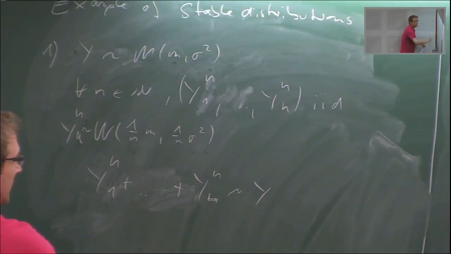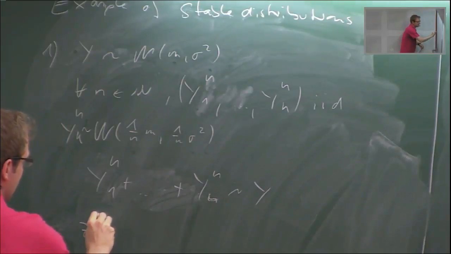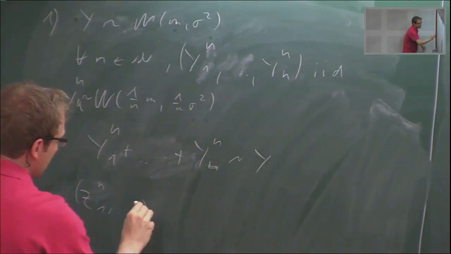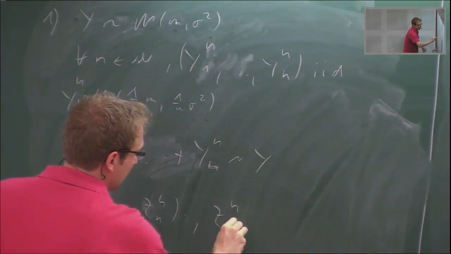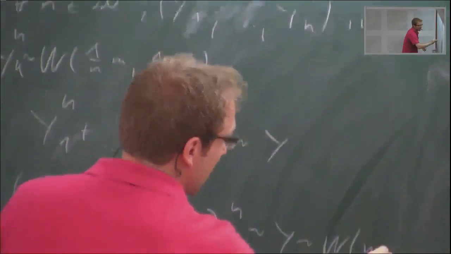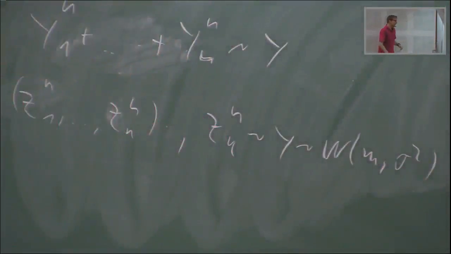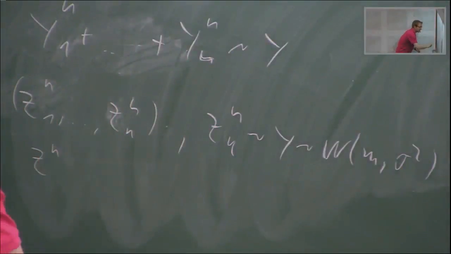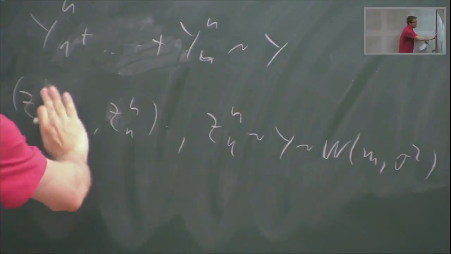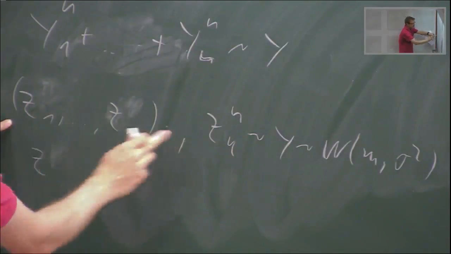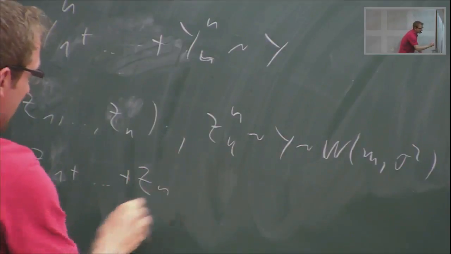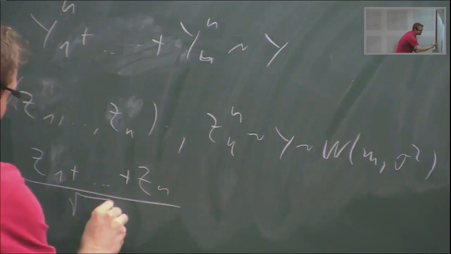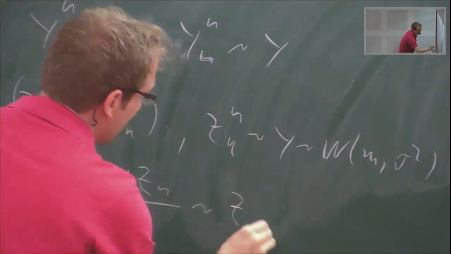So if we have zeta_1, ..., zeta_n, where each zeta_k is distributed like Y itself, normal with m and sigma squared, then we have that it does not depend on n anymore: zeta_1 plus ... plus zeta_n divided by the square root of n is just distributed like zeta itself.